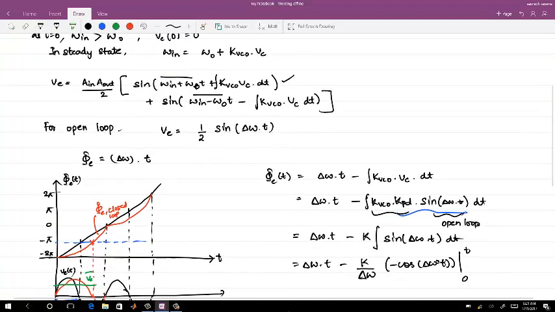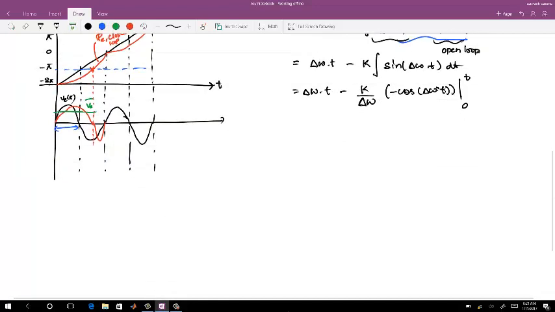So where were we? We started with some frequency error, so the phase error was delta omega times t minus K_VCO times V_c dt.